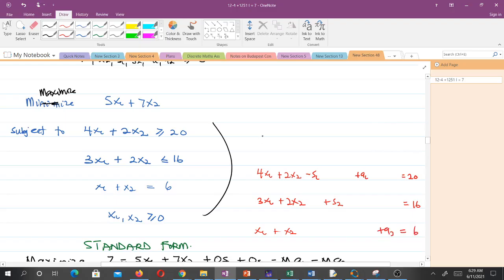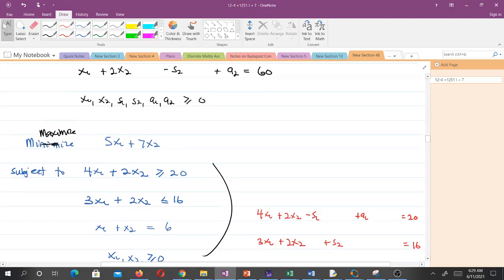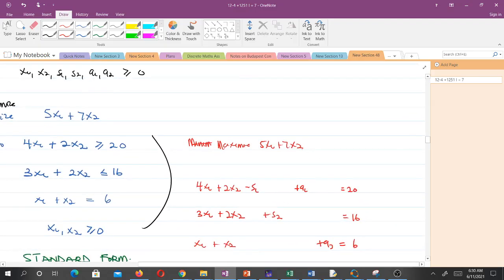So now our objective function will be maximize 5x1 plus 7x2. As I said, all the slack variables have zero contribution to the objective function, so 0s1 plus 0s2. Then because it is maximization, minus Ma1, then minus Ma3.